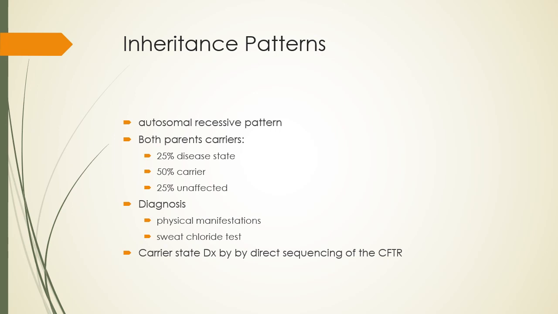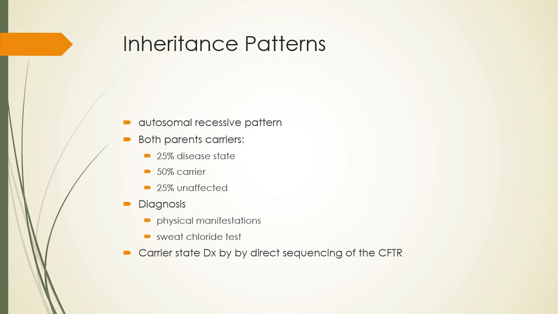The affected state, so people who have the disease manifested, will be 25% of offspring, carriers will be 50%, and those who have no carrier status or disease, the so-called unaffected state, will be the other 25%. This can easily be demonstrated by drawing a Punnett square.